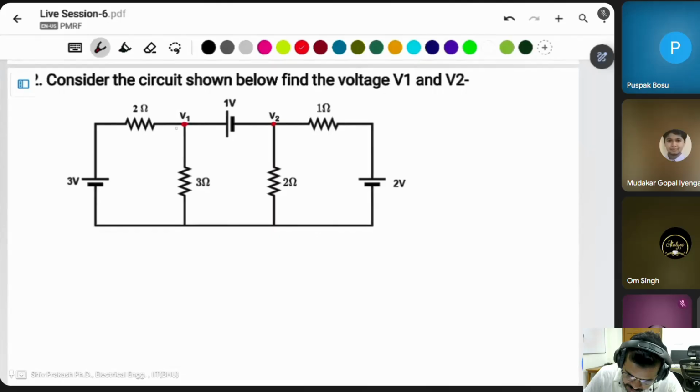Again, you can say this current is divided into two parts, and the same way this current is divided again into two parts. Then for the KCL, you can choose this current and these two currents.